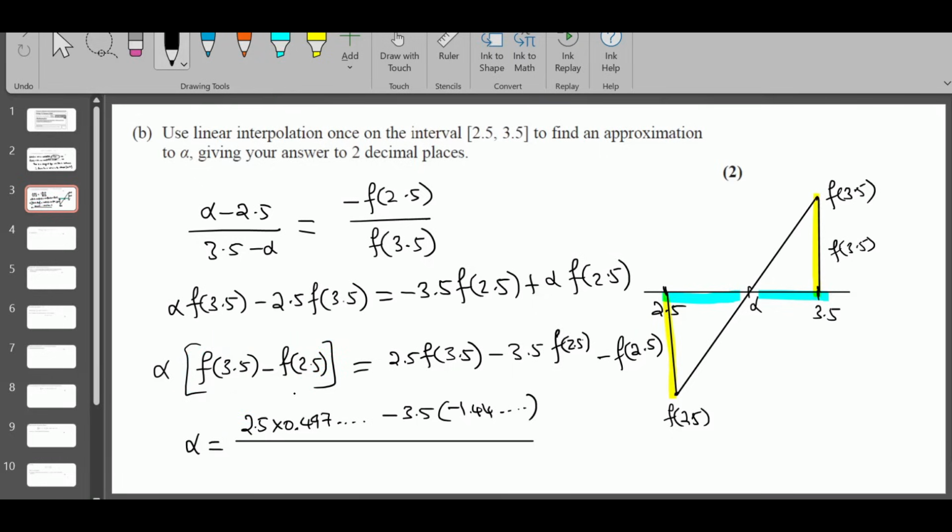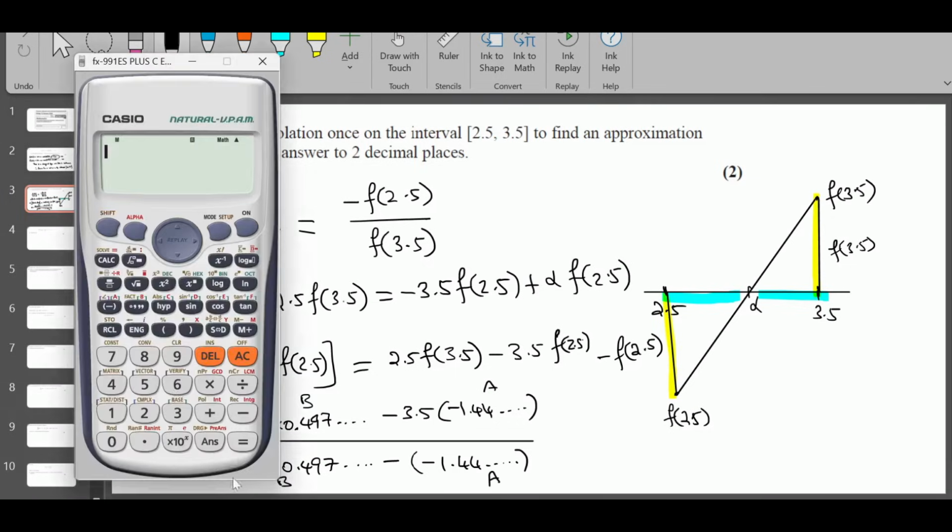So it's f of 3.5, which is 0.497 dot dot dot minus minus 1.44 dot dot. So when you put it in the calculator, it's very easy because we store the values a and b. The negative value is a, this value is b. So I'm going to simply put it in my calculator.